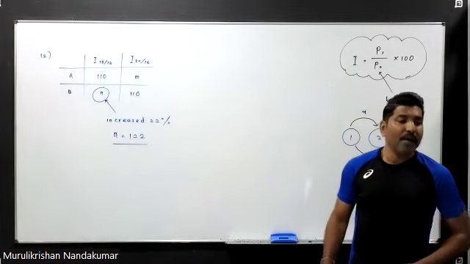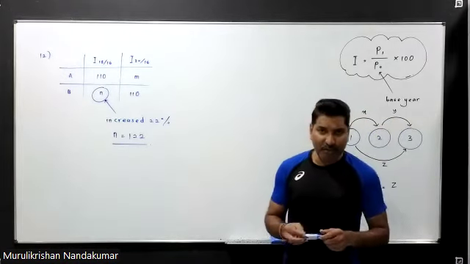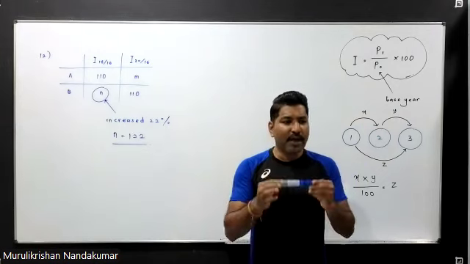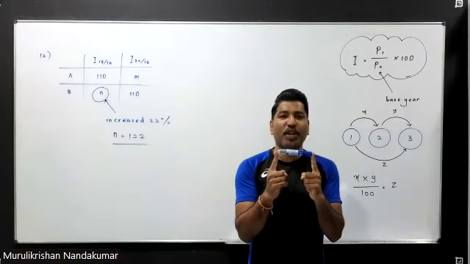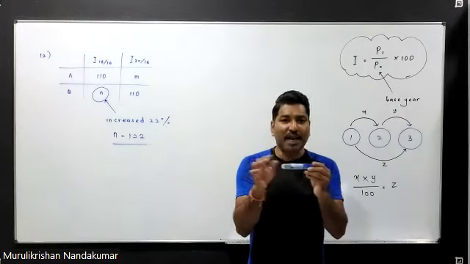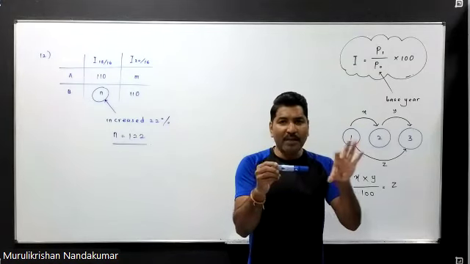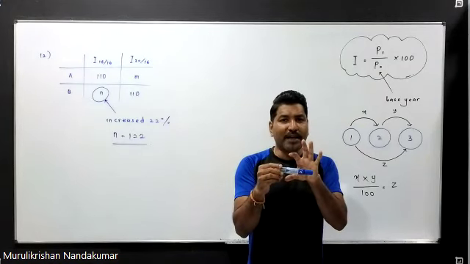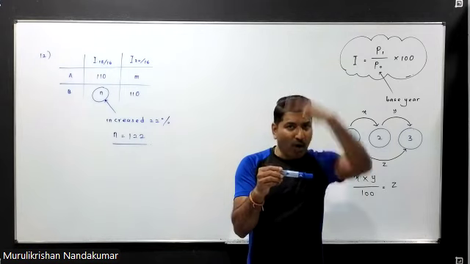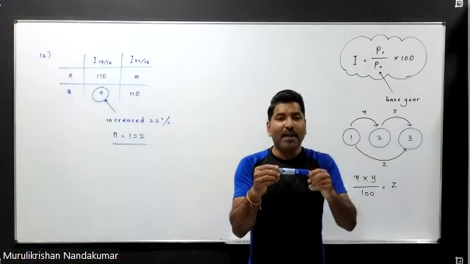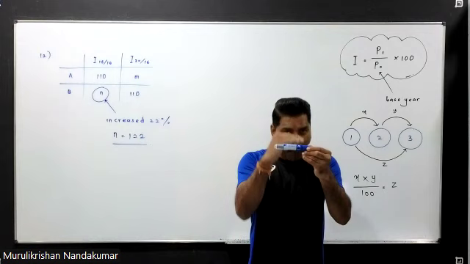Habis tu jawapan dia. Kelas, when you talk about index, index selalunya 100%. 100% means unchanged. Unchanged maksudnya dia tak berubah. Kalau saya kata decrease, you ambil 100, you tolak berapa dia decrease. Kalau saya kata increase, ambil 100, you plus.